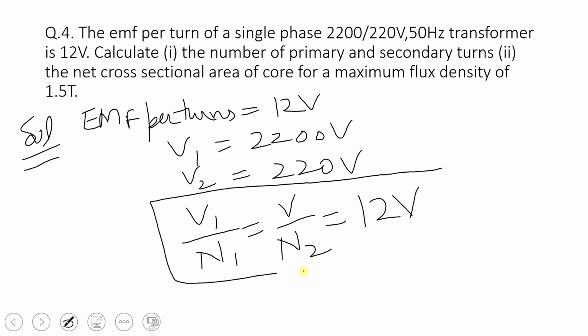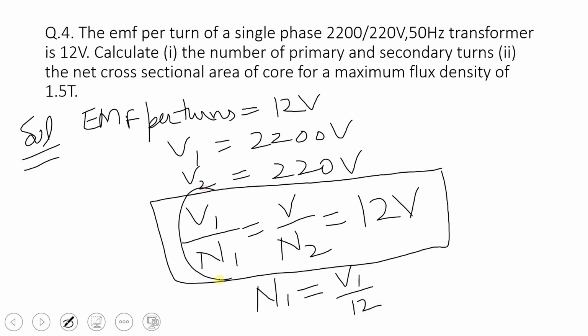This is according to the voltage transformation ratio. So when we want to find out the number of turns, N1 is equal to V1 upon 12.